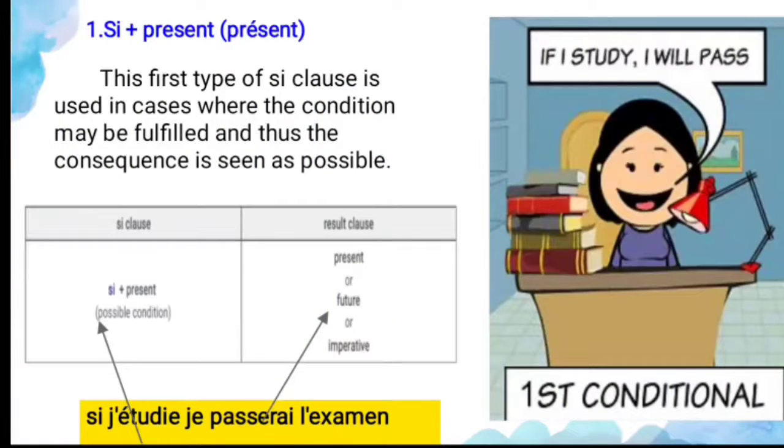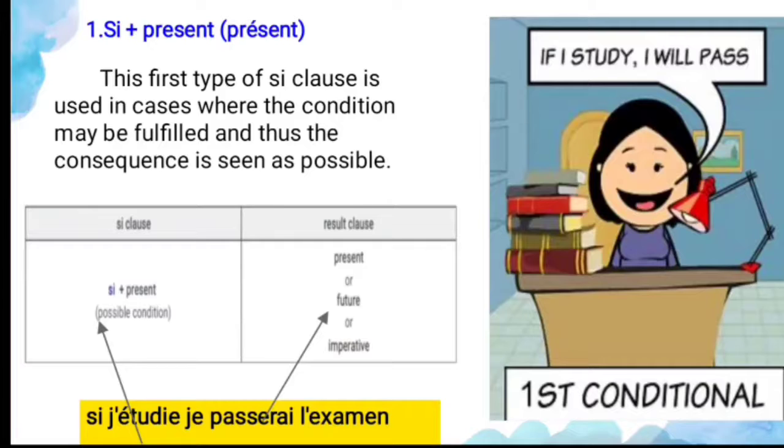And what is the first type of Si clause? Si plus présent, that is if plus present tense. And what is the definition for that? This first type of Si clause is used in cases where the condition may be fulfilled and thus the consequence is seen as possible. So it is used for possible actions only.